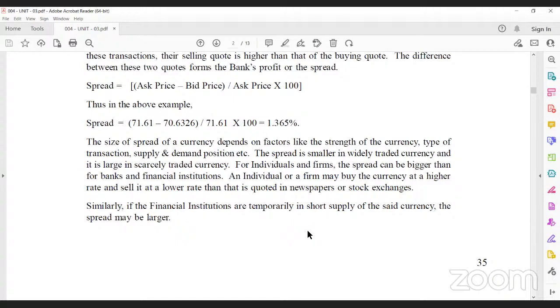Those are all the exchange rates, ask price, bid price, etc. In the financial industry, the spreads may be larger. That means the profits may be bigger.